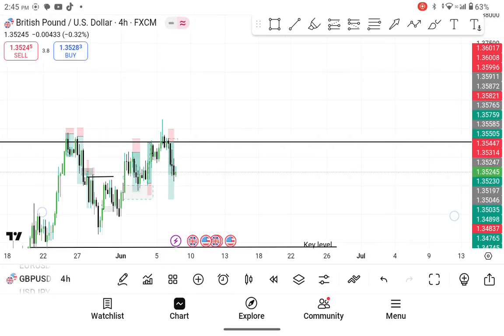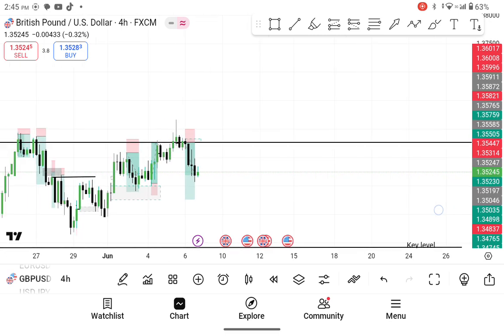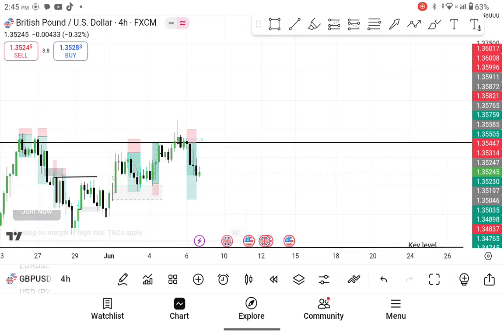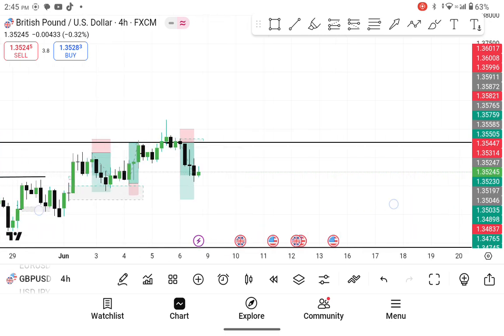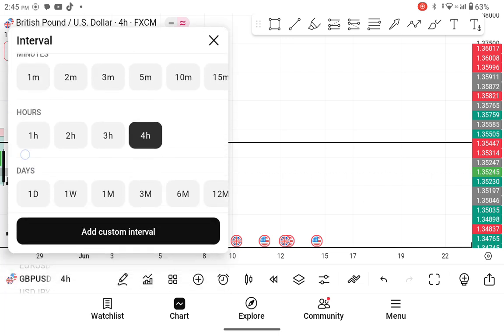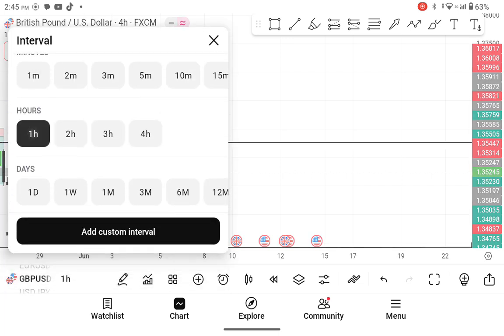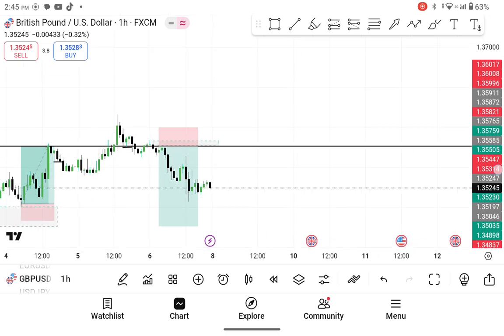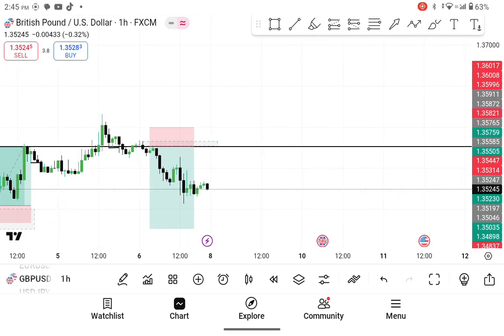So guys, you can see here we have our market pushing to the downside, collecting liquidity up. Go to our 1 hour, you see almost the same thing as I told you.